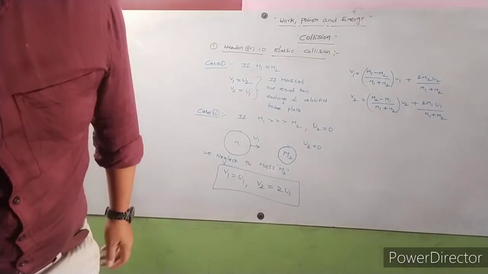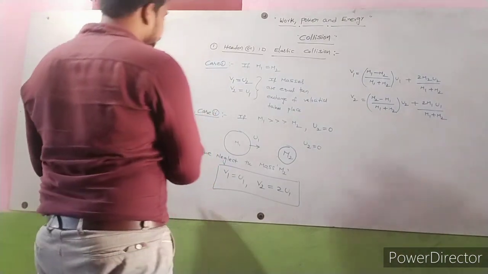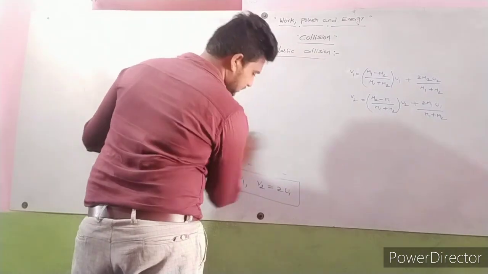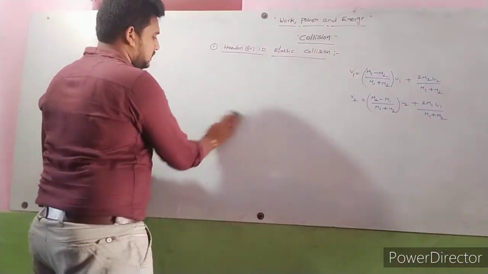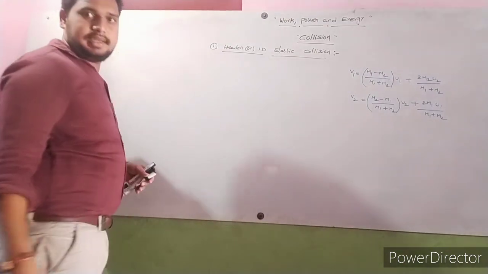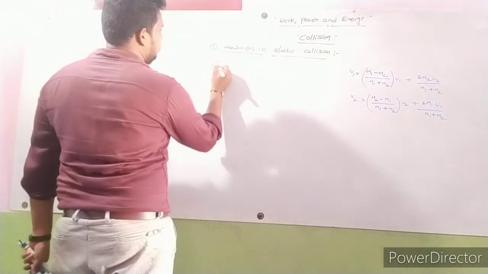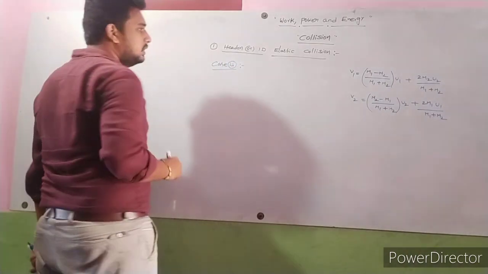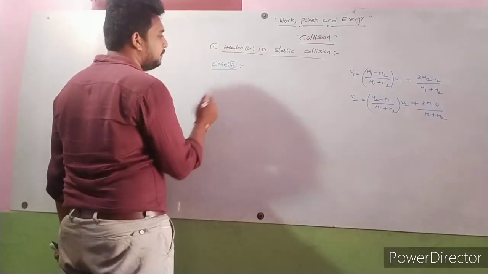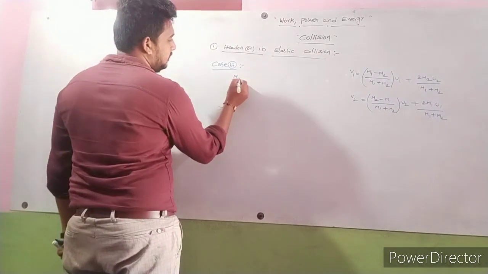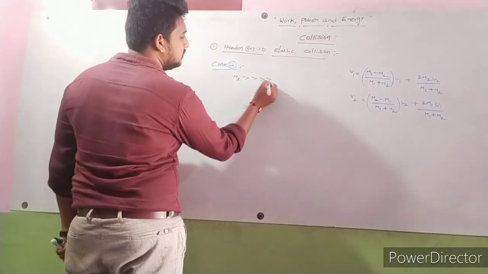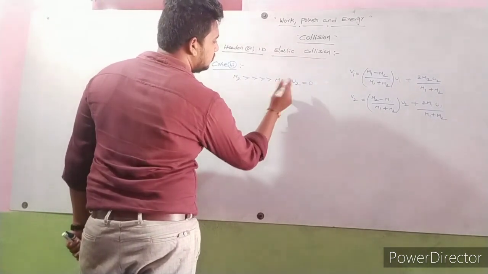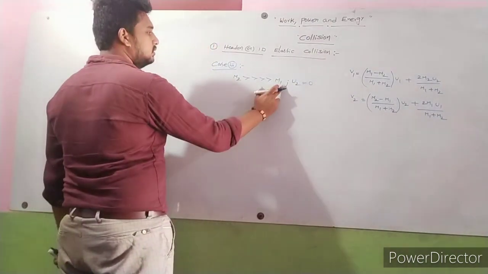Next, case 3. In case 3, generally m2 is greater than m1, and u2 is equal to 0.